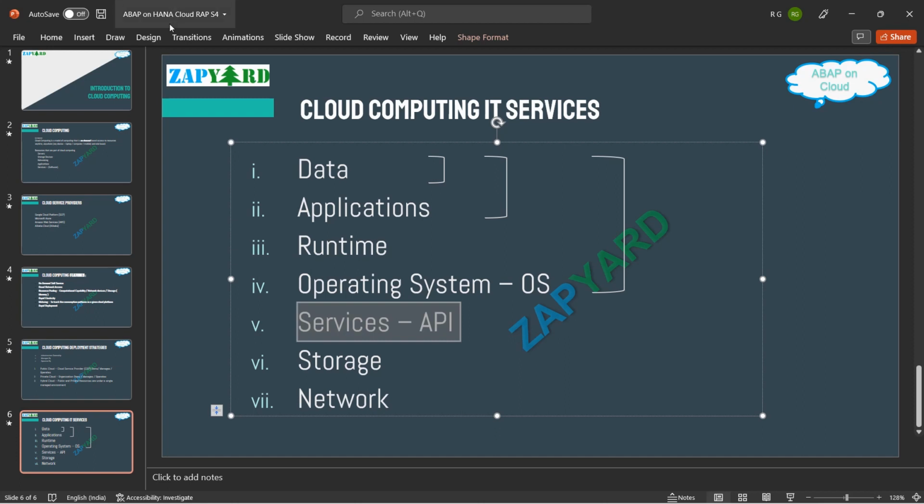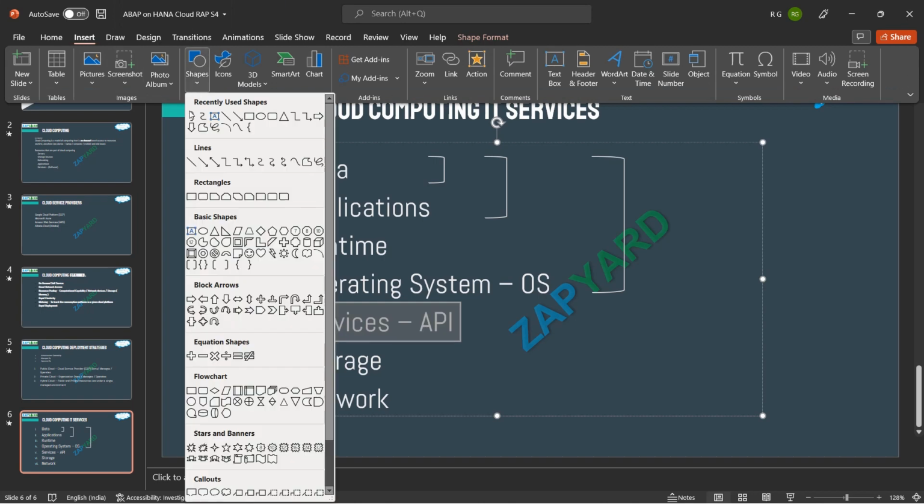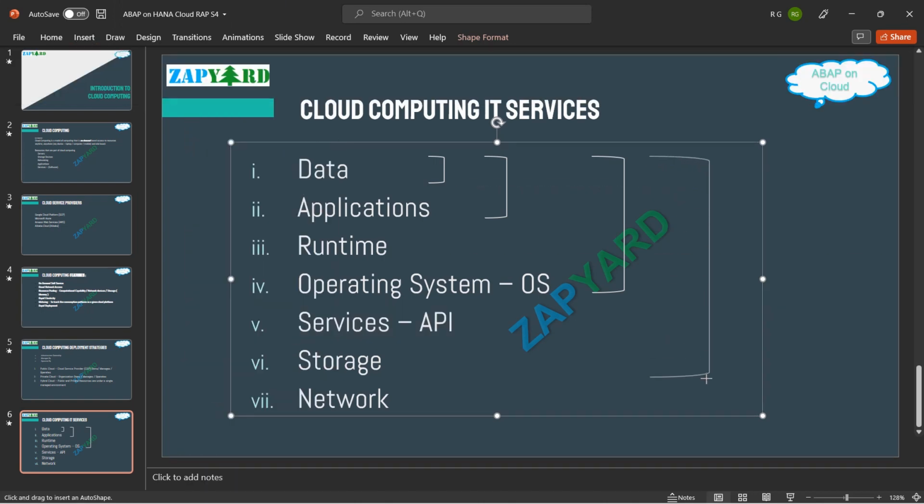If all of these components are managed, operated, and owned by the company who is implementing the digital transformation or who is trying to move the complete ERP system to the cloud, then it is nothing but similar to on-premise services.